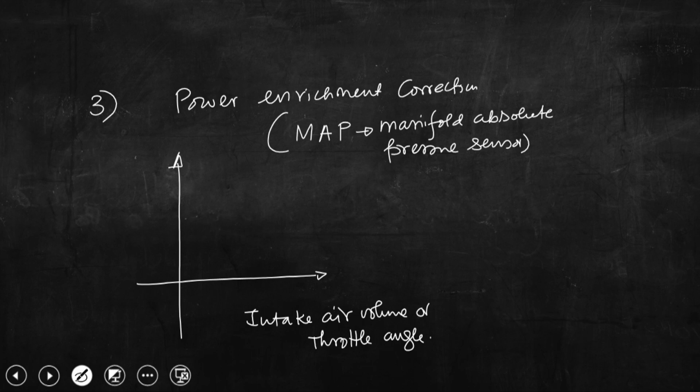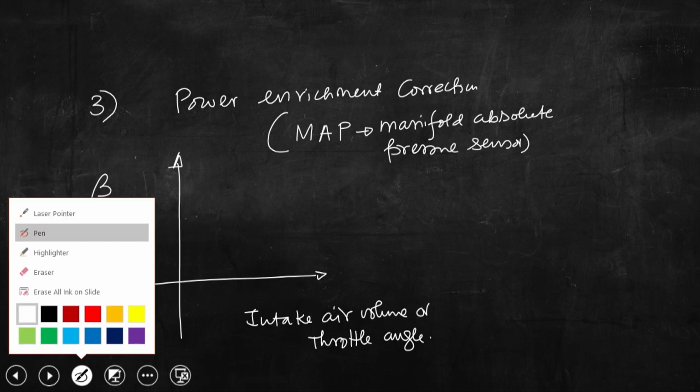Here it is called beta power enrichment, beta PE. This P stands for power enrichment. Okay. So, this is something like this.